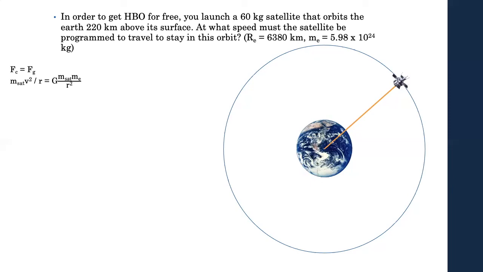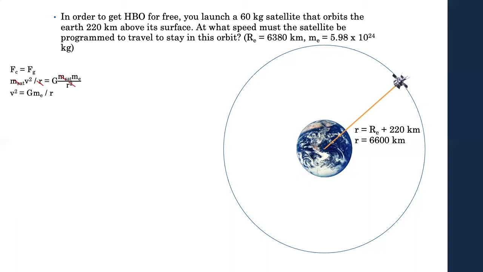It's a distance-dependent force, and so the only reason it's not big news that people weigh less on Mount Everest than at sea level is because it's such a small difference in elevation that we don't notice it. But when you're 220 kilometers above the Earth's surface, you start to notice it. So I've given you the radius of the Earth, and you've got to add 220 kilometers to that because you're above the surface of the Earth.